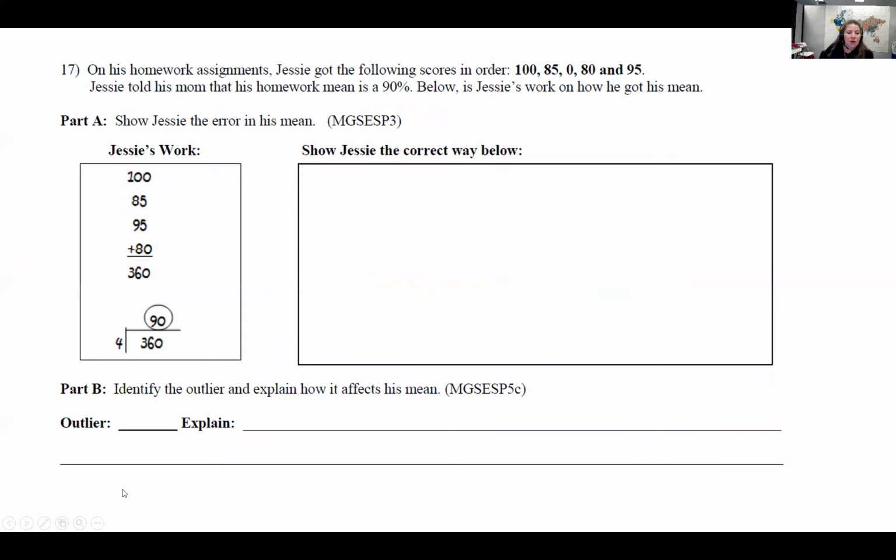Number 17, on a homework assignment, Jesse got the following scores. He told his mom that his homework mean is 90%. Below is Jesse's work on how he got the mean. So these are his scores. He got a 185, a 0, which wouldn't make sense to add a 0 here, an 80 and a 95.